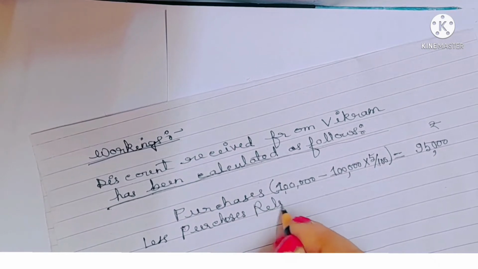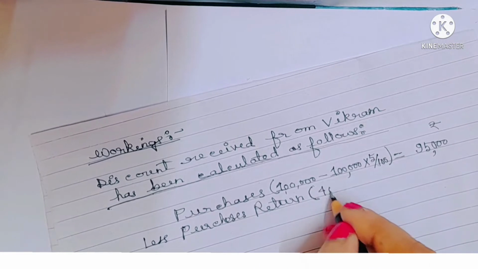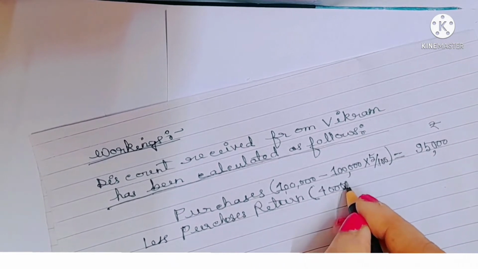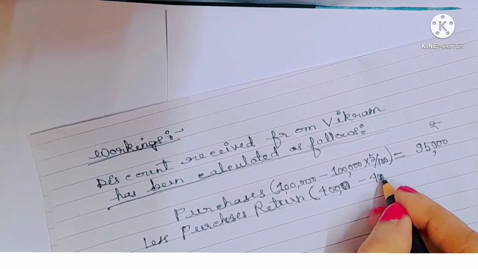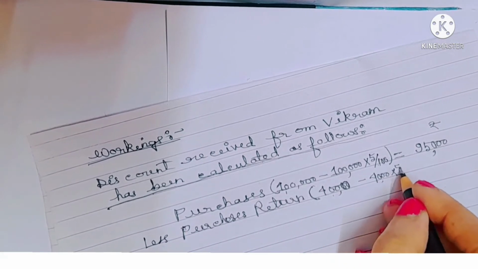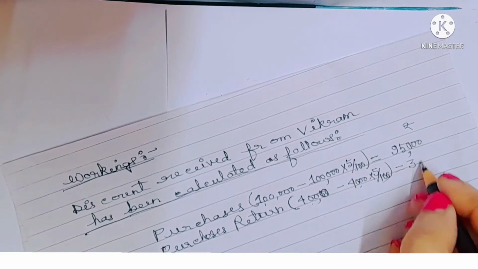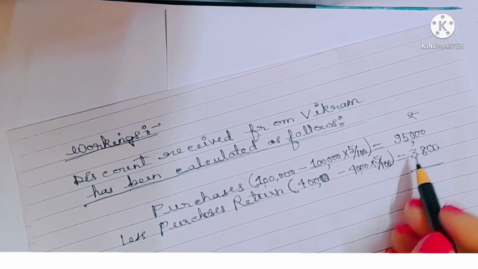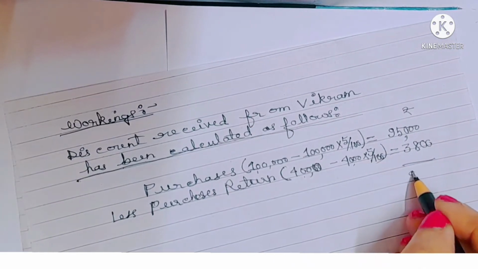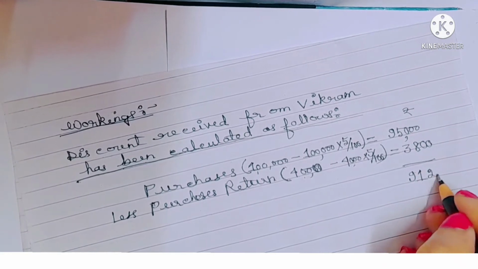Purchases return 4,000 list price minus 5% trade discount, so it comes to 3,800. After deducting purchase return, it comes to 91,200.